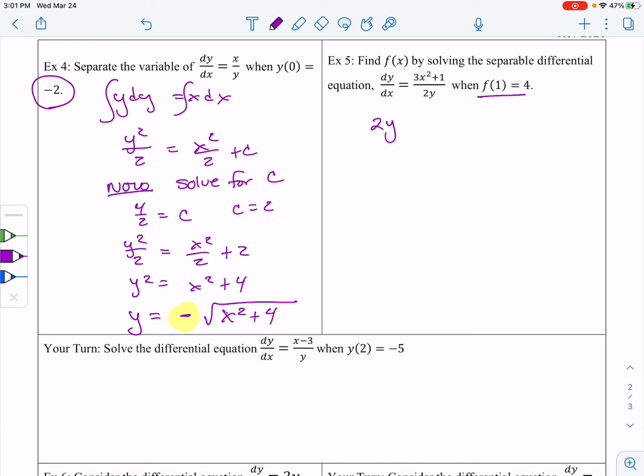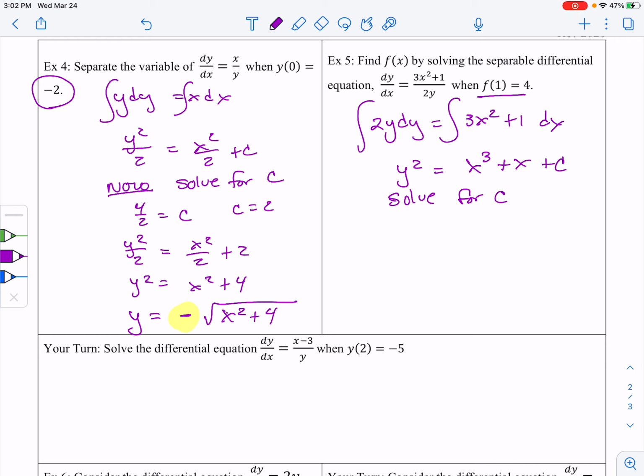So 2y dy equals 3x squared plus 1 dx. Integrate. This ends up being y squared equals x cubed plus x plus c. Solve for c. So you plug in 1 and 4, so you get 16 equals 1 and 1 is 2 plus c. So c is equal to 14.